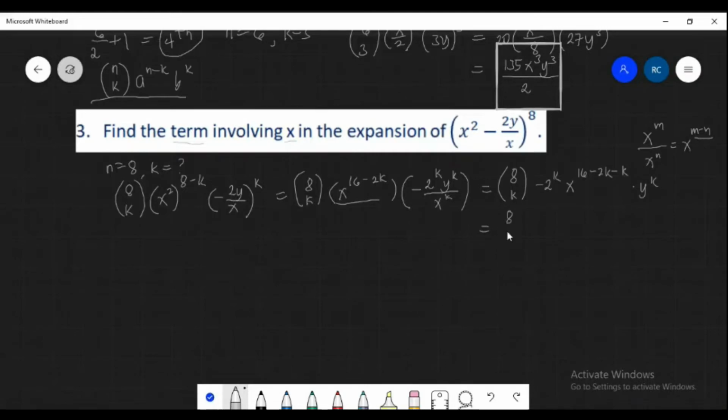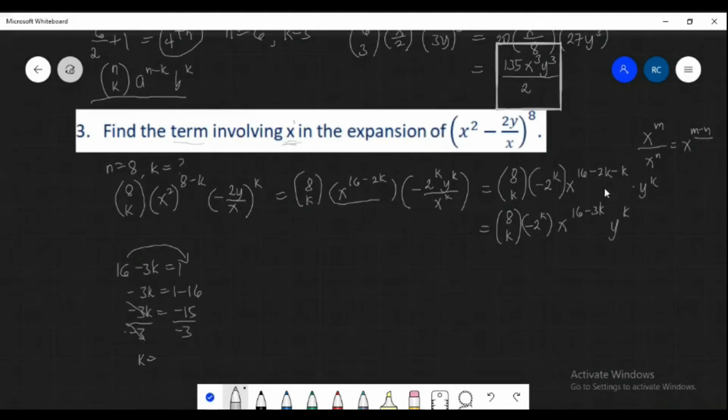So ito ay 8 combine k times negative 2 raised to k, times x raised to 16 minus 3k, times y raised to k. Sinimplify ko lang yung negative 2k minus k.